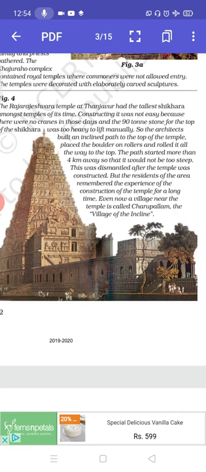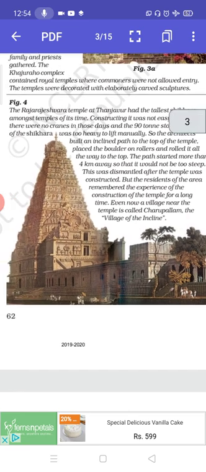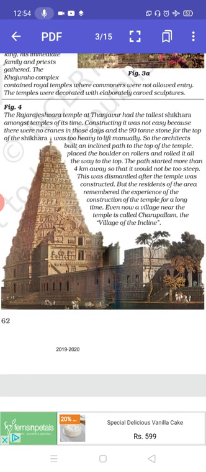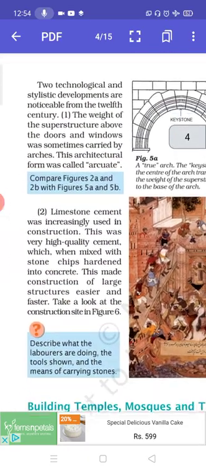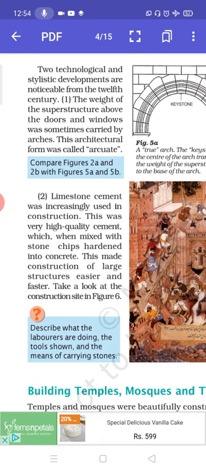And when the temple was built, they destroyed the inclined path which was there to carry the stones. You can understand how difficult it would have been to carry those big boulders of stone to make that shikhar.